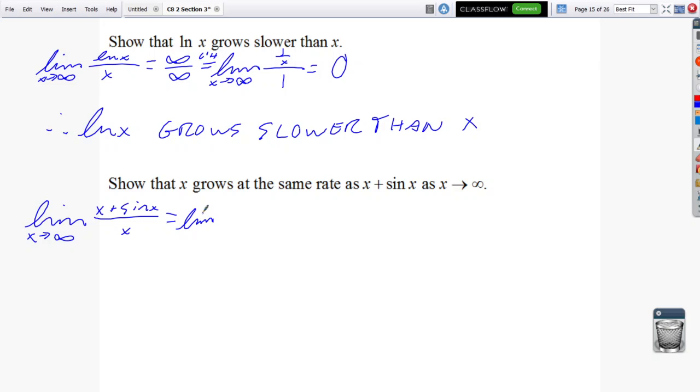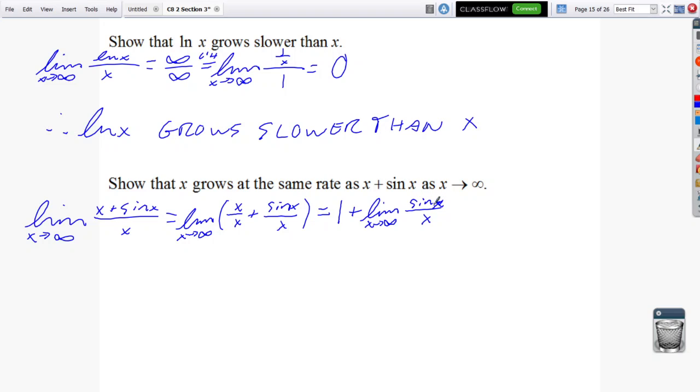So I can make this the limit as x approaches infinity of x over x plus sine of x over x. Looking at that, the first term is just 1. This becomes 1 plus the limit as x approaches infinity of sine x over x.